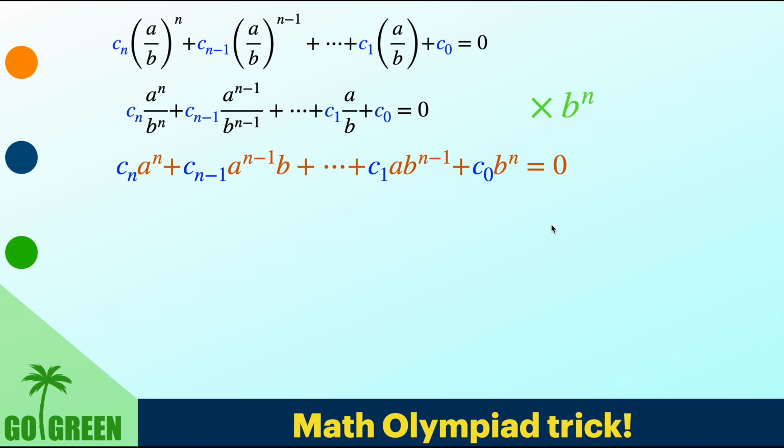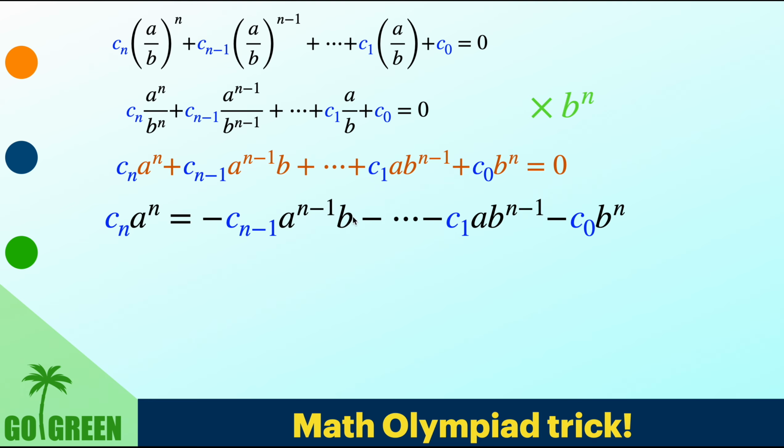Okay, so from this expression, what we can write is this. So cn a to the n is as it was here on the left, and then we move all these to the right. Fine. So they come with this negative sign. All the plus signs are now negative signs here. Now, one obvious observation: you can see that cn minus 1 a to the n minus 1 b, the product of this is an integer, and this integer is divisible by b because b is already sitting there, right?